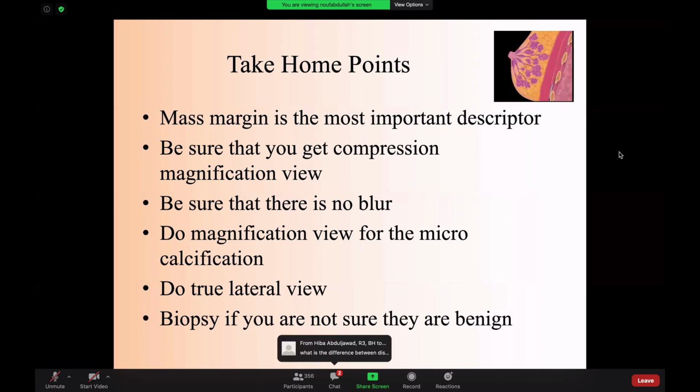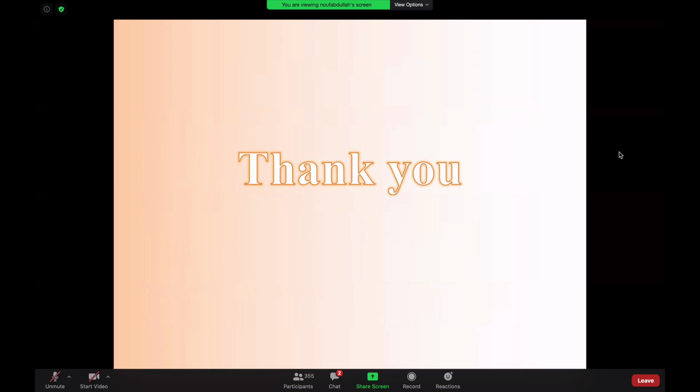If you see microcalcification, the way you work it up is you look at the magnification view, the tangential view, and the true lateral to be sure that it is not milk of calcium. If there is no milk of calcium, you will go ahead and do an ultrasound to be sure that there are no associated masses. If there is no ultrasound finding, then you will proceed with a biopsy for the microcalcification.